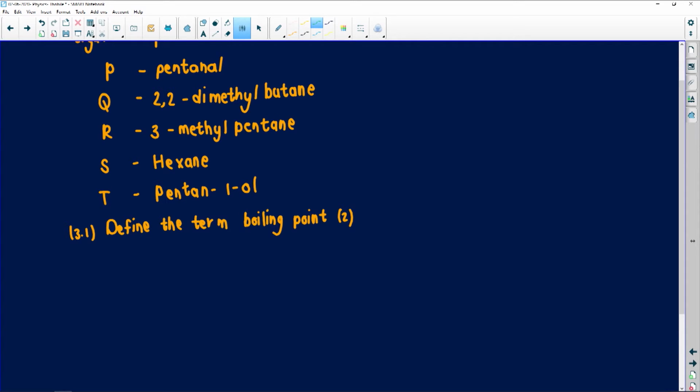So the boiling point is the temperature at which the vapor pressure of the substance equals the atmospheric or external pressure. If you can learn this in grade 10, you will surely know it in grade 12.